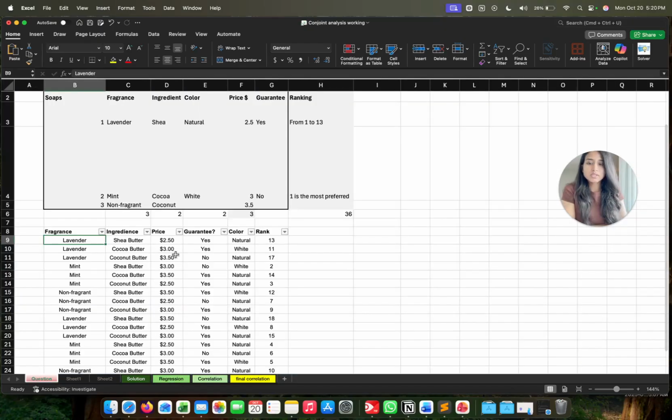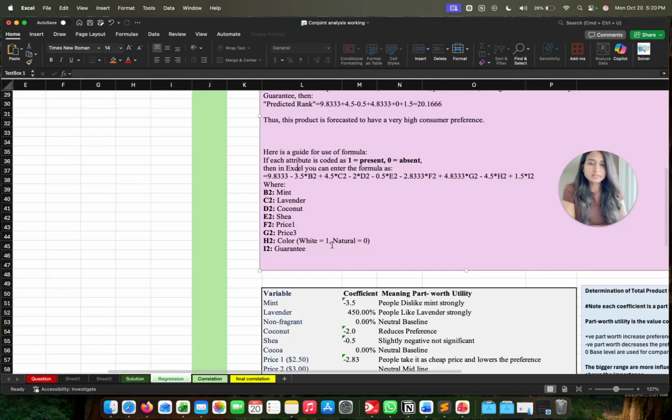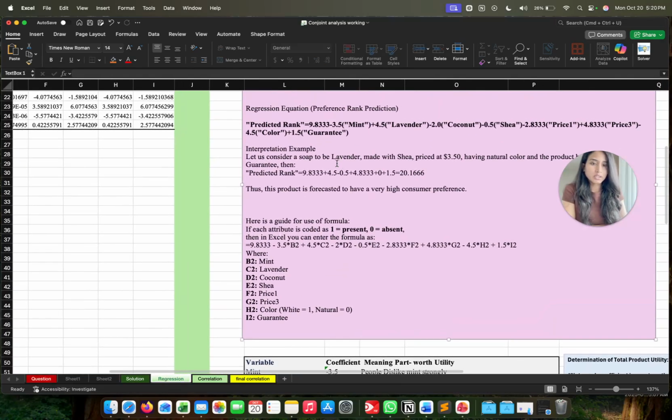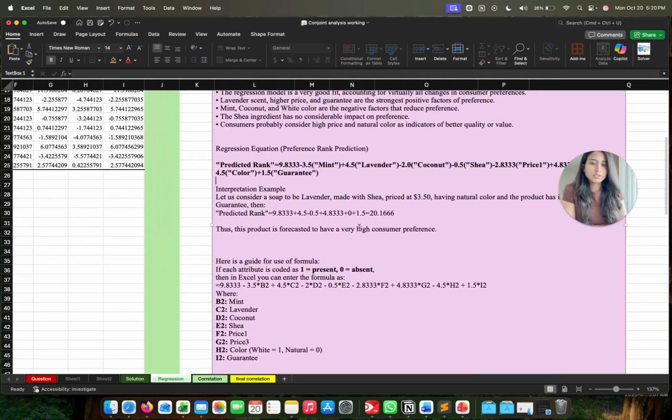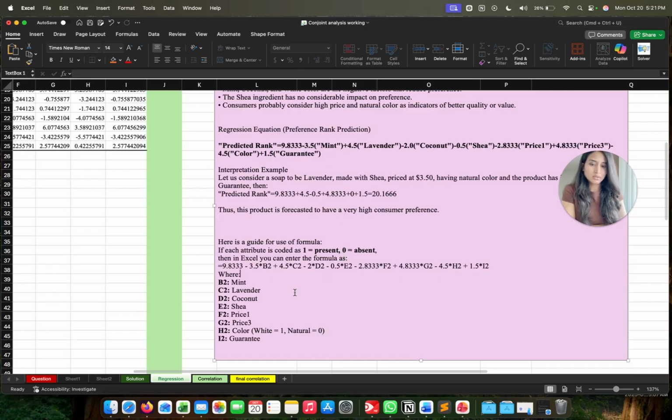The attributes are quantitative and qualitative data, so for a better analysis and use of regression and correlation, one has to create dummy variables for each of the data that is given, and then after running the regression analysis, one has to create the regression equation where each of the attributes is input into the equation, and a preferred rank is determined. The highest rank determines high consumer preference, and the lowest determines low consumer preference.